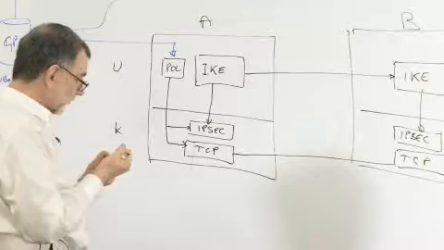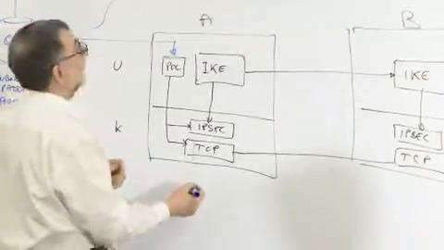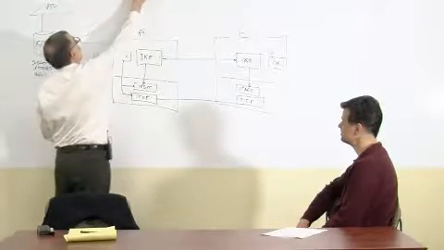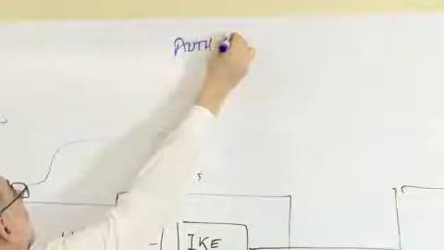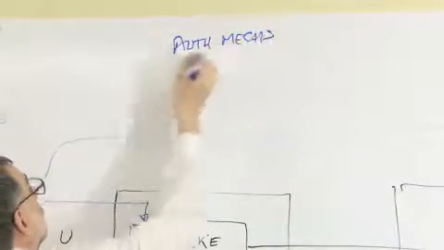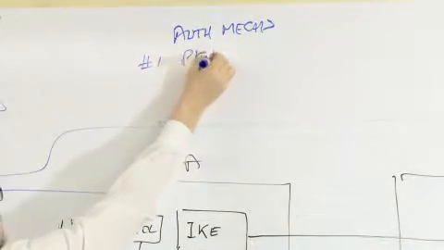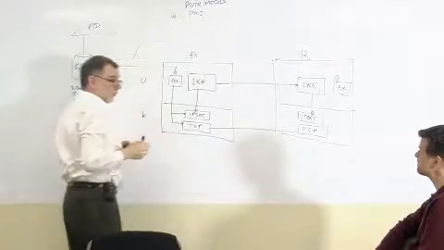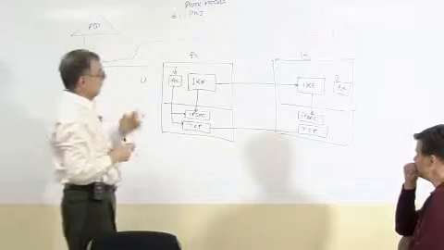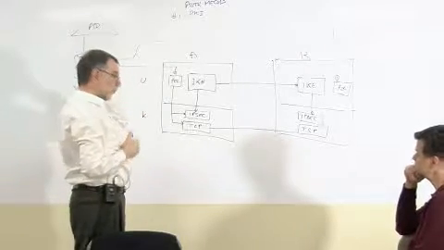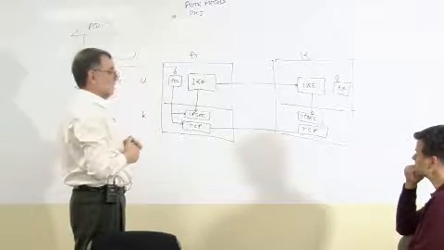So the first mechanism is number one, PKI. This is by far the most common one to use. In other words, using certificates to authenticate the machines.